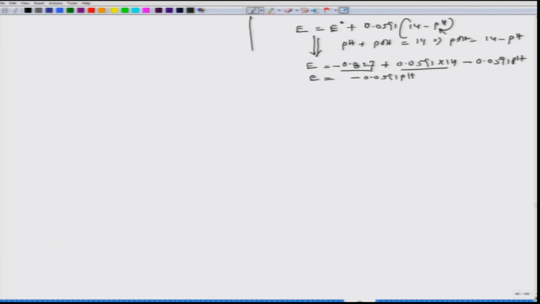So, now this is the basic side where pH is greater than 7, and the acidic and neutral side is less than 7. For the first reaction, we had the same equation.